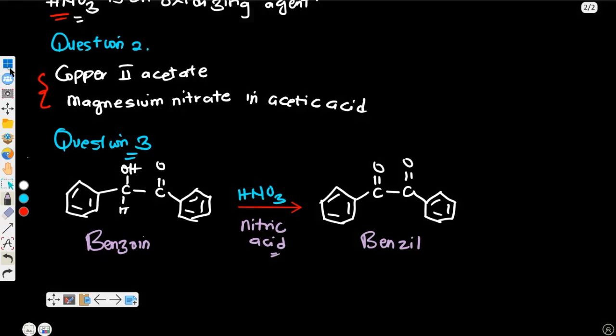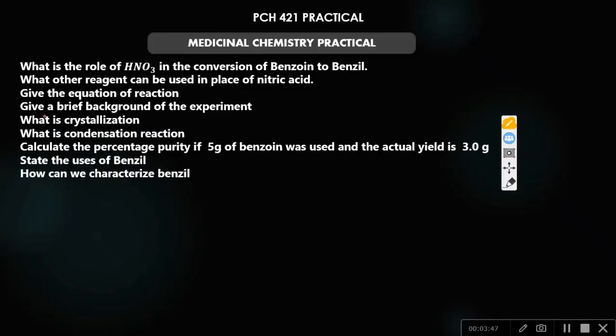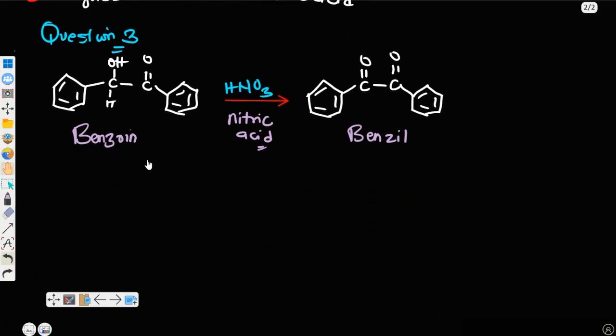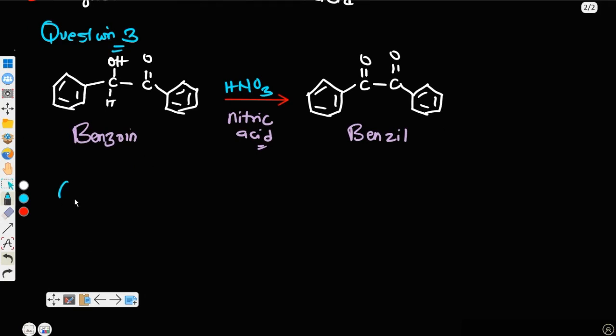Now give a brief background of the experiment. So we have question 4. Now what is the brief background of the experiment? First of all, you weigh a certain amount of benzoin into a round bottom flask.